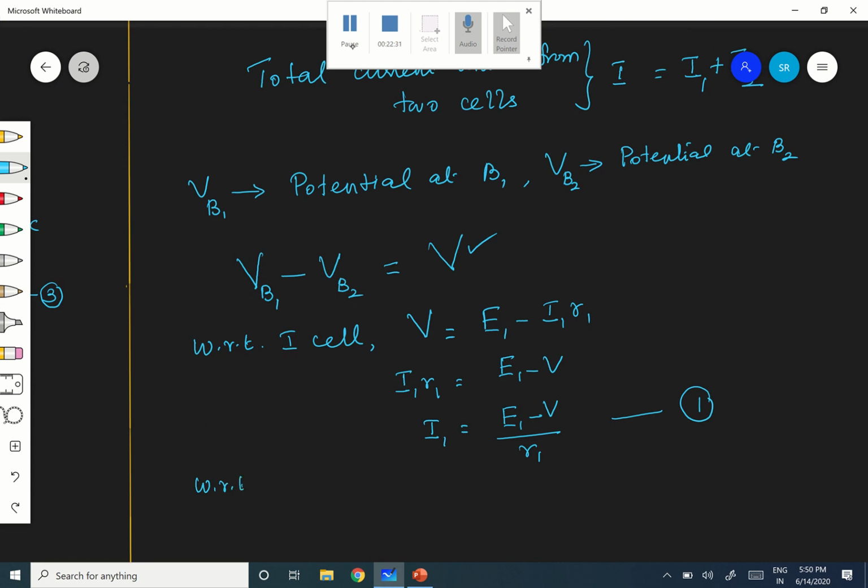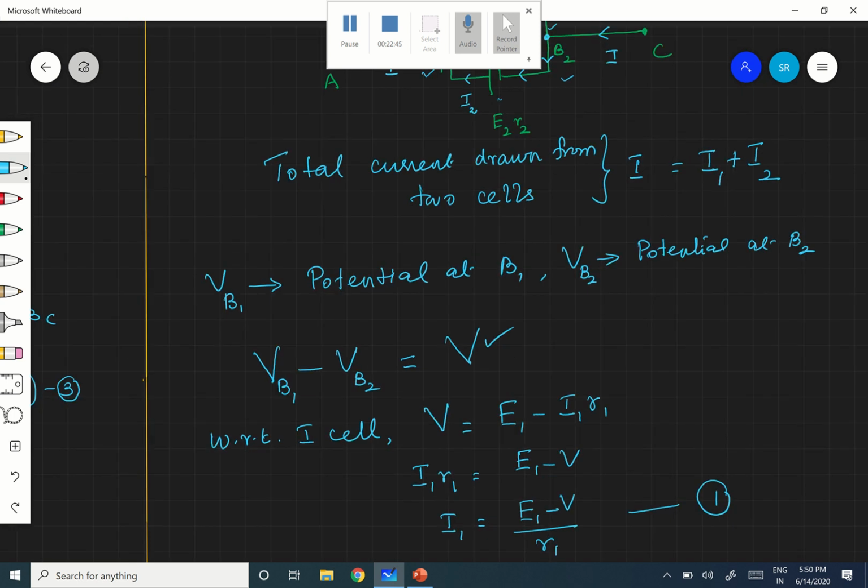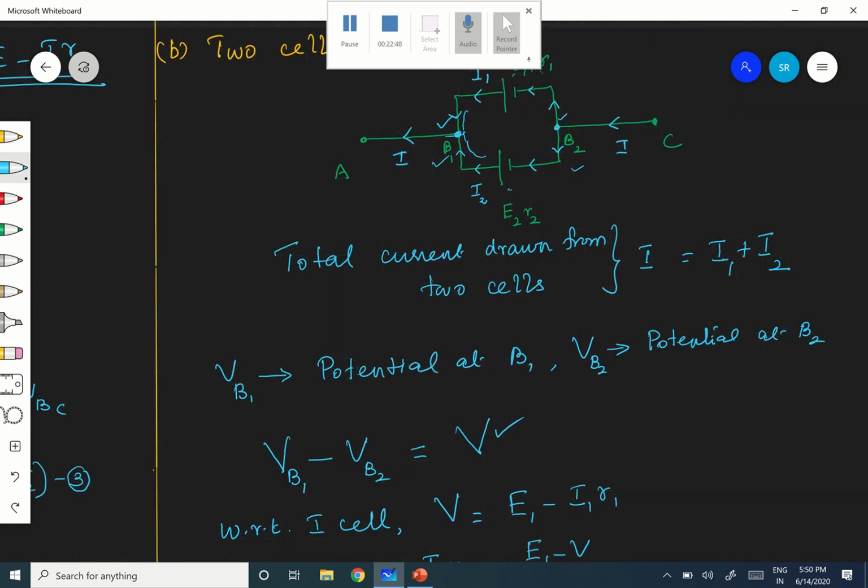With respect to the second cell, I can write once again the expression for V. What is V? V is equal to E2 minus I2 R2. Are you following? See, it is E2, the current is I2 and the internal resistance is R2.